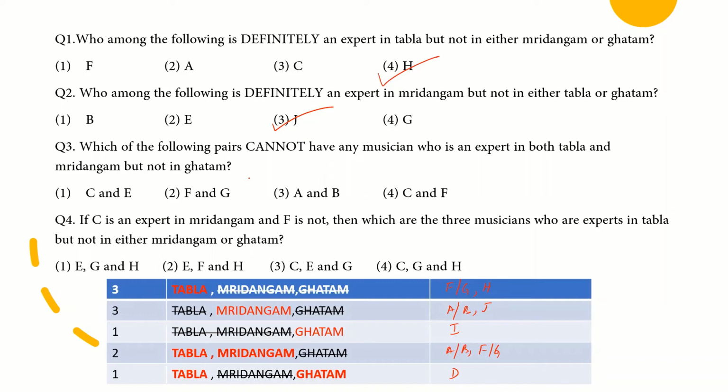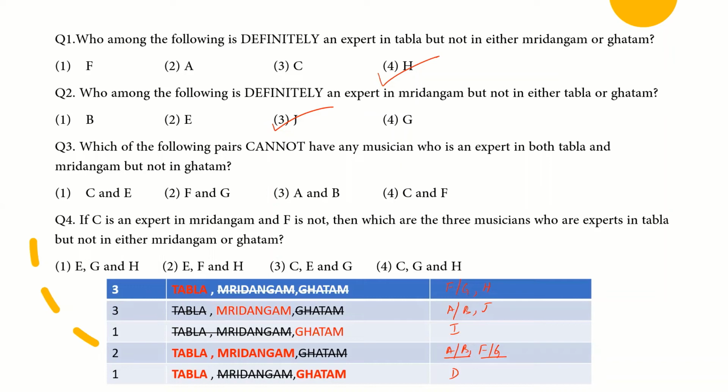Which of the following cannot have any musician who is an expert in both tabla and mridangam, but not in ghatam? So I need to search for a pair in which definitely neither of the two is an expert in both tabla and mridangam. So if we see here, it can be either of A or B who is an expert in tabla and mridangam, or it can be F and G who is an expert in both tabla and mridangam.